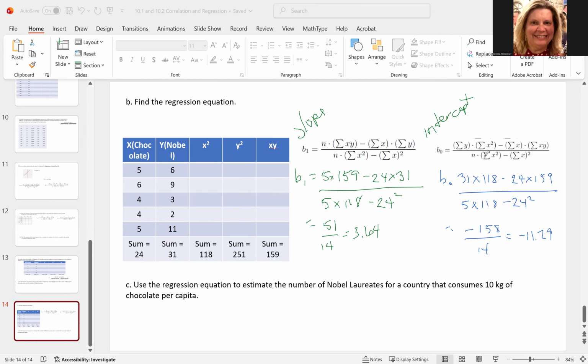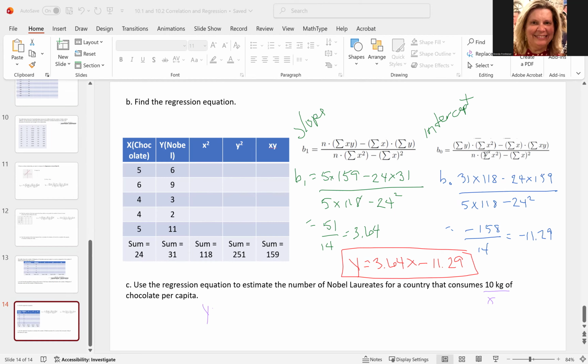Okay, so kind of y equals mx plus b. So y equals the slope times x plus or minus, in this case, the y-intercept. Okay, then to make our prediction, for a country that consumes 10 kilograms of chocolate, that's my x.